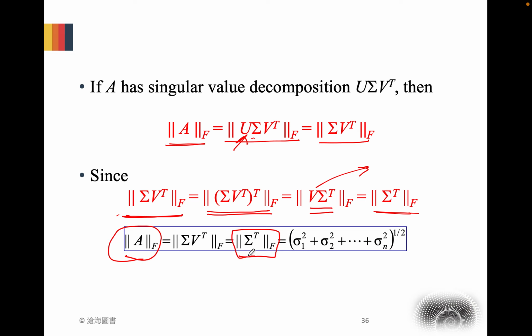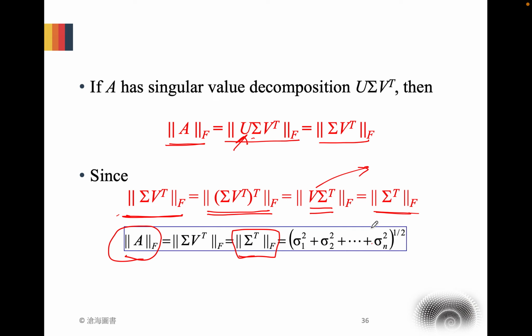Actually only the values on the diagonal are non-zero. So the Frobenius norm of sigma is equal to sigma 1 squared plus sigma 2 squared up to sigma n squared, and then take the square root. So this is an important conclusion.